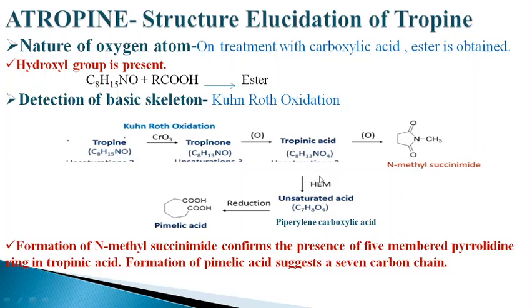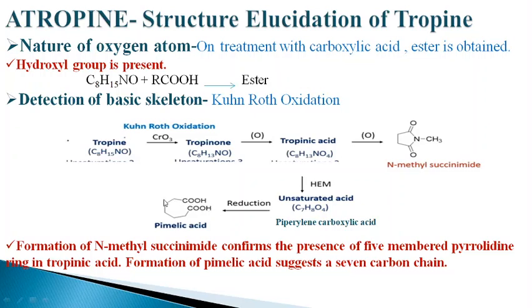This Hofmann's exhaustive methylation has expelled the nitrogen atom from the tropinic acid, yielding the unsaturated acid piperidine carboxylic acid. On further reduction, this forms pimelic acid.